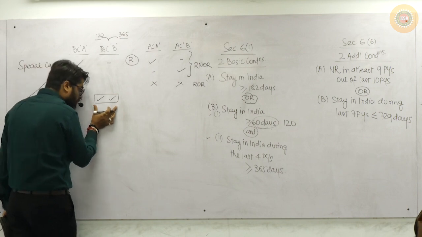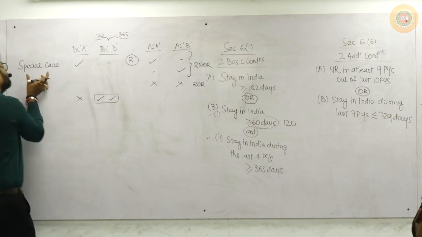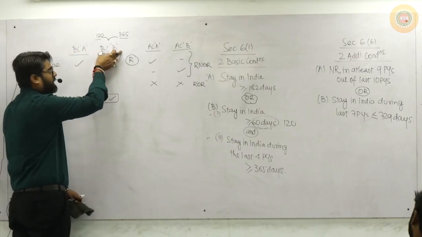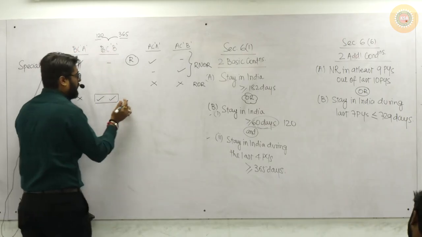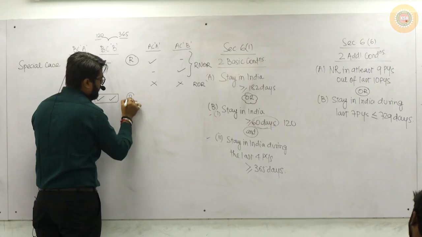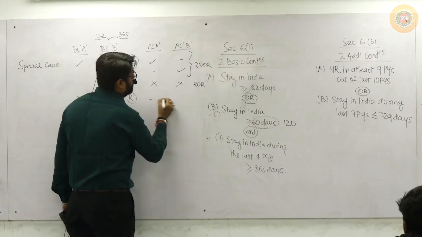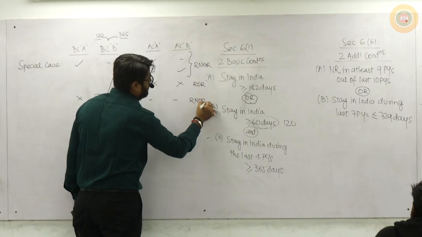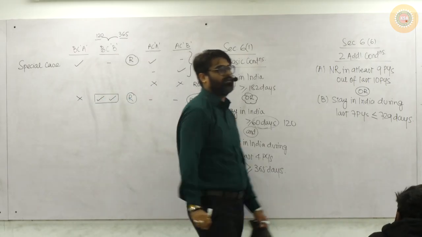If you have satisfied special basic condition B and you are becoming a resident, no need to check additional conditions, you will be directly treated as RNOR.